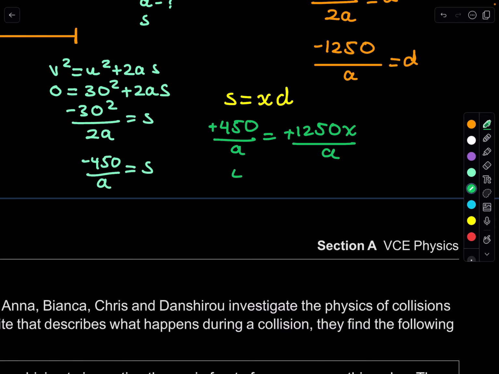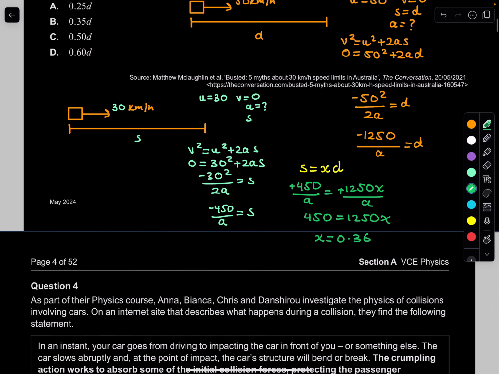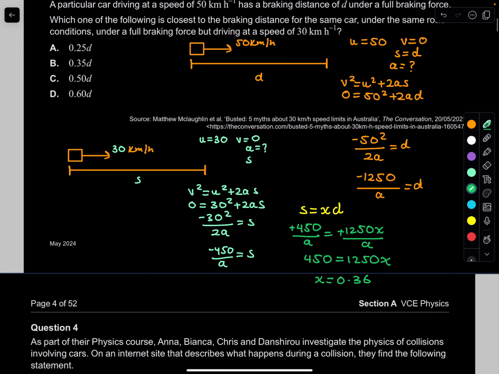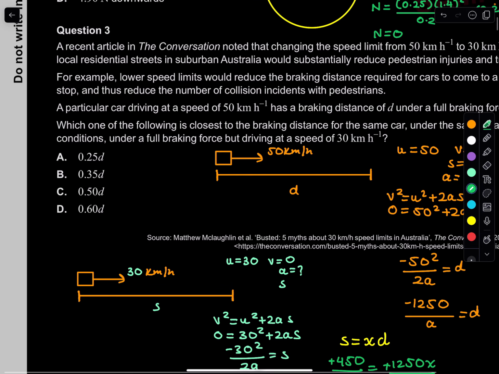They become positive, so we get 450 is equal to 1250X. If we divide both sides by 1250, X is going to be what? So 450 divided by 1250. That gives me 0.36. So the number is 0.36 that's here. So it says which of the following is closest.